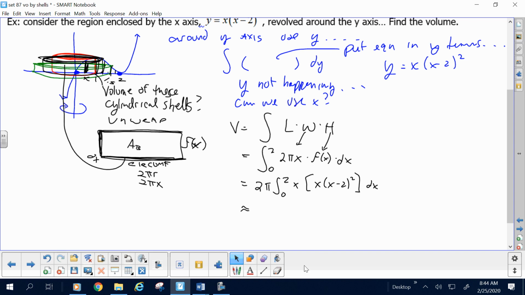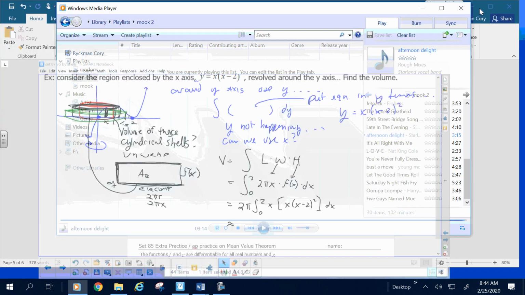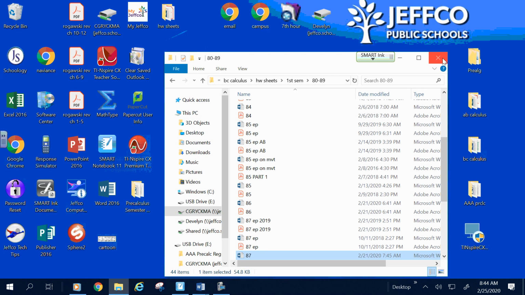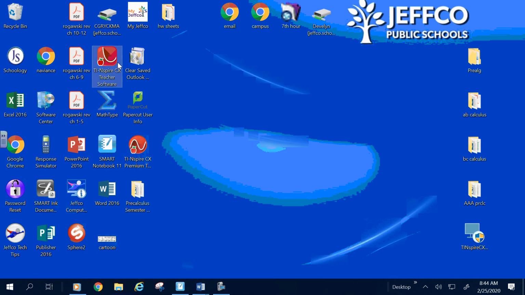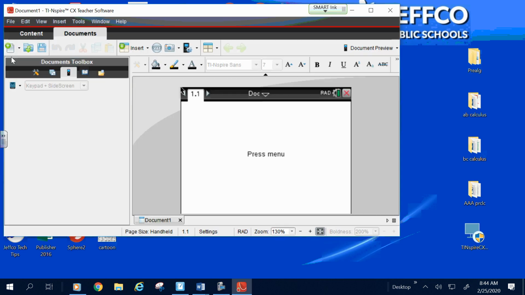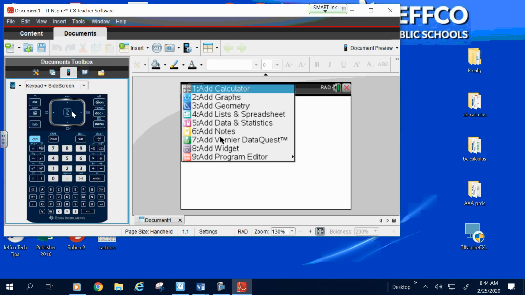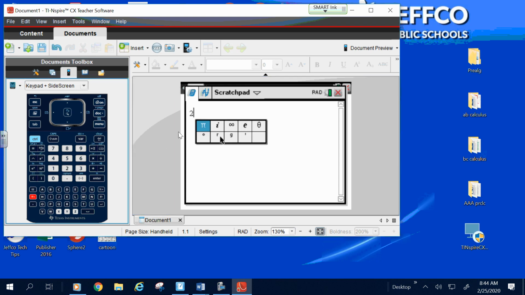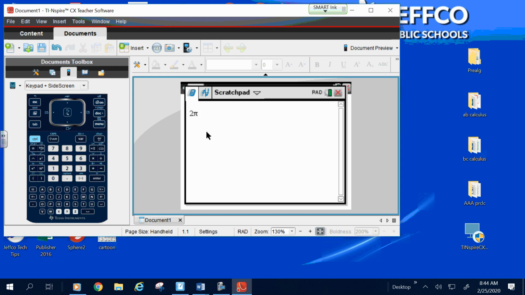Although this isn't terribly hard to integrate, I gotta say. So, one of the most common errors is forgetting the 2 pi's, so always put it first.